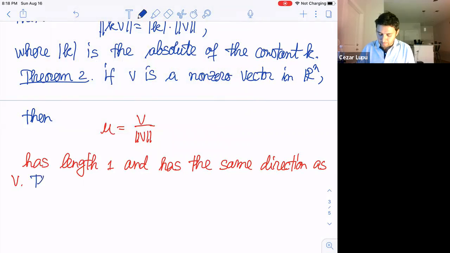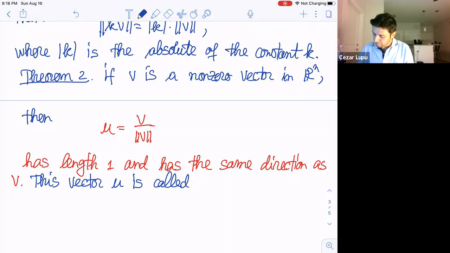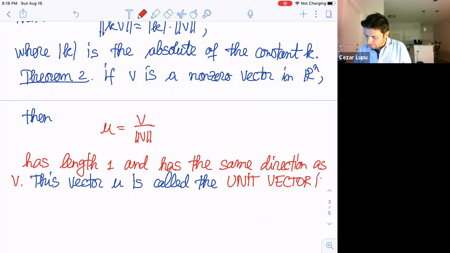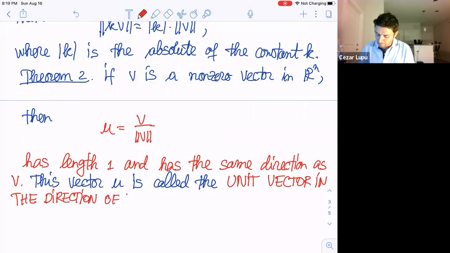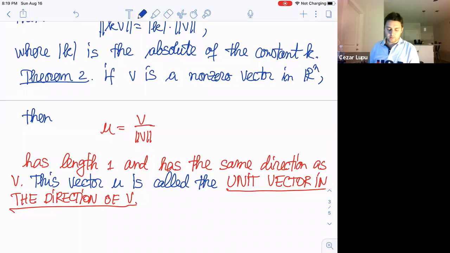This vector u is called the unit vector in the direction of v. Okay, again, this is very easy to see.